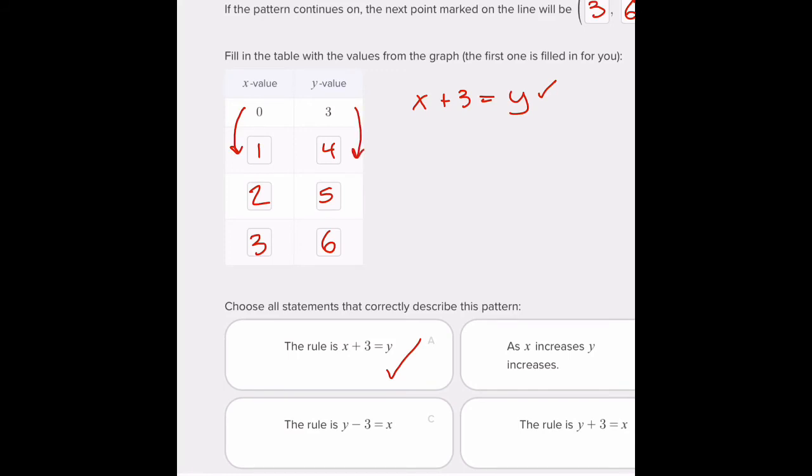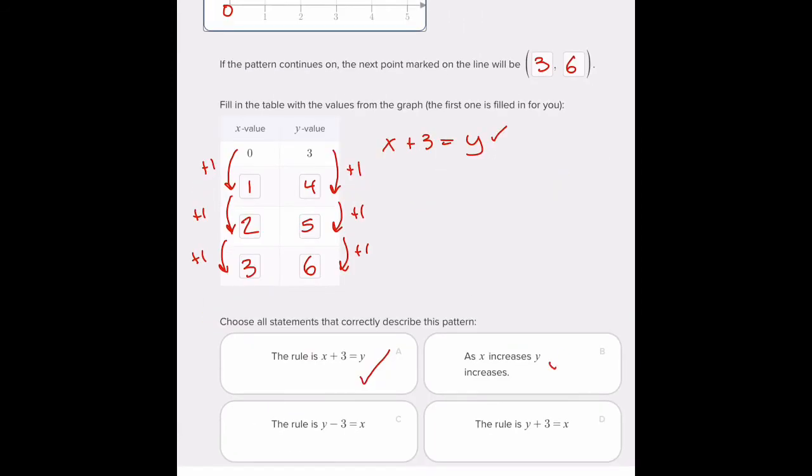Well, it did there, right? We went from 0 to 1, and then we went from 3 to 4. Both of those increased by 1. Does that pattern hold true for the table? It went up again, and y went up. X increased, y increased. So option B is also true.